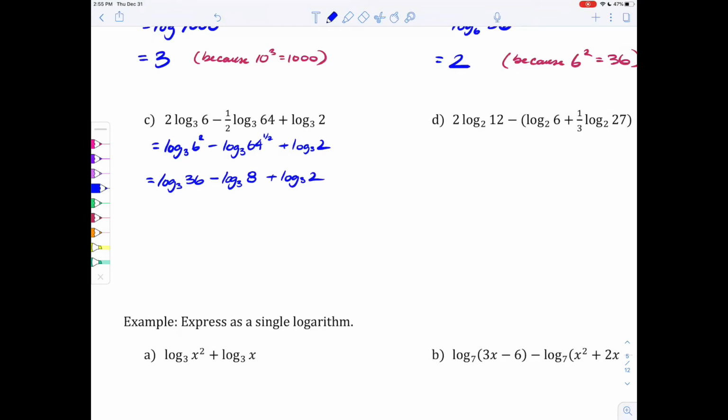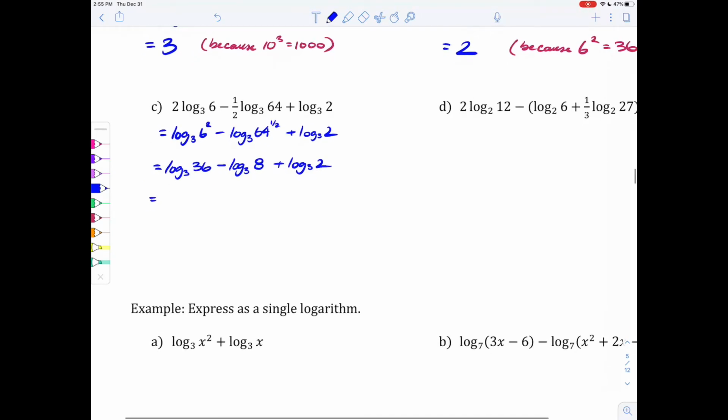And now we've got these differences and sums happening. So we can use the quotient and product laws of logarithms to condense this into a single log, where we've got a fraction involved. The only thing on the bottom of that fraction would be this 8 because of this subtraction right there.